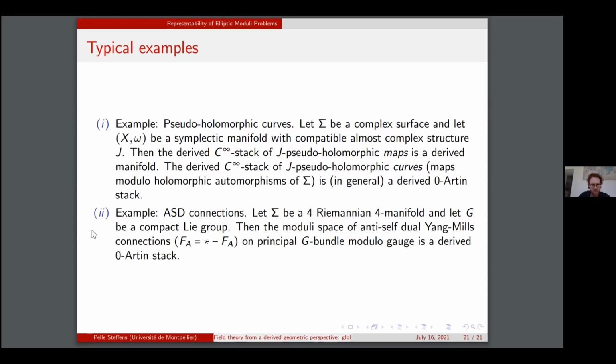And I think I have no more slides. So let me just say that, from the talk we just heard from Albin, we know that these geometric stacks are the spaces that have good geometric properties.